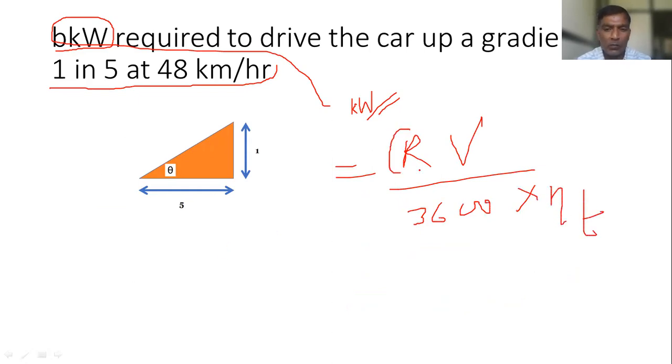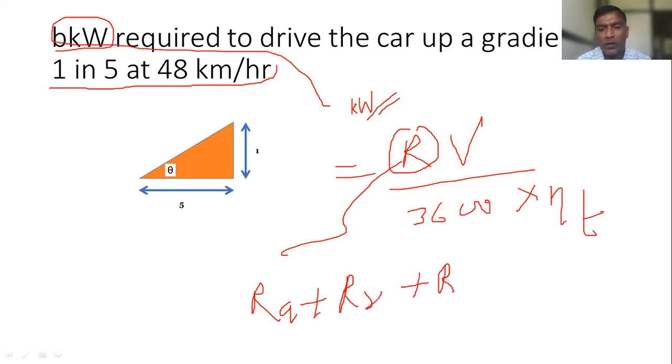Understood? So this R is Ra plus Rr plus Rg.